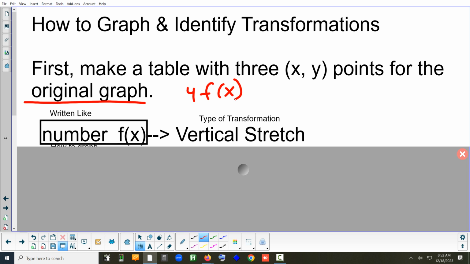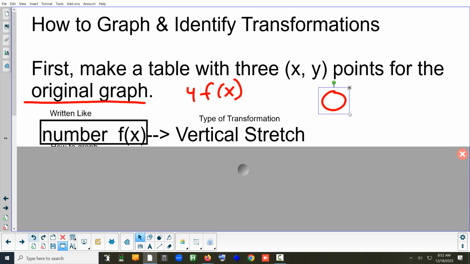Anytime that you see a number in front of that f of x, that type of transformation is called a vertical stretch. What a vertical stretch does is it takes a picture that looks like that, and it makes it look more like that. It stretches it out.